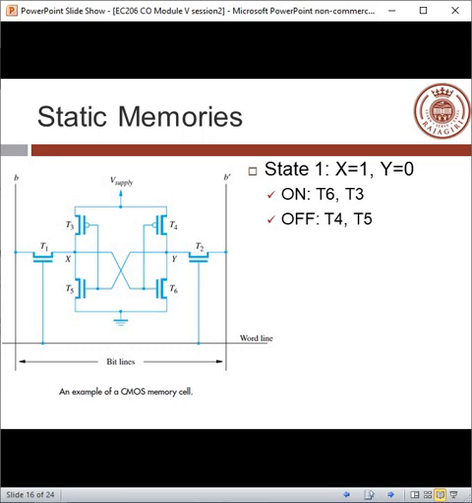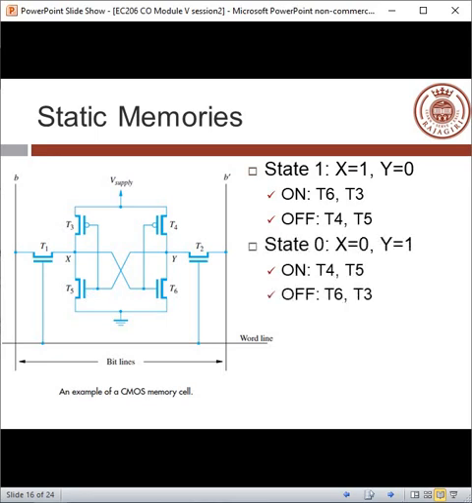If the NMOS gate is 0, the NMOS will be off. So if x equal to 1, T6 which is an NMOS is on, and T4 which is a PMOS is off. And in state 1, y is equal to 0. So as y equal to 0, T3 will be on and T5 will be off.